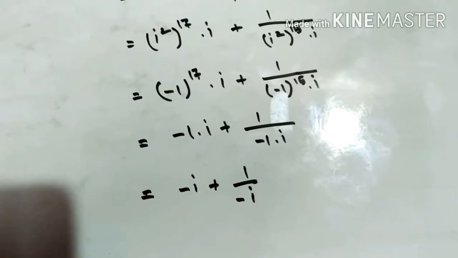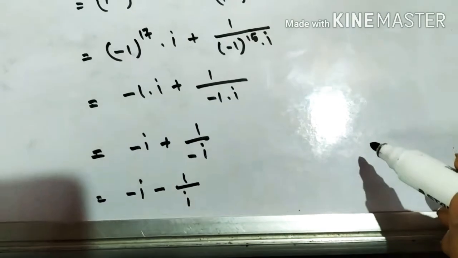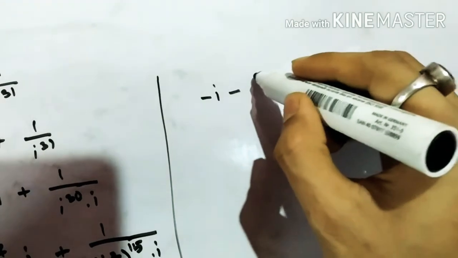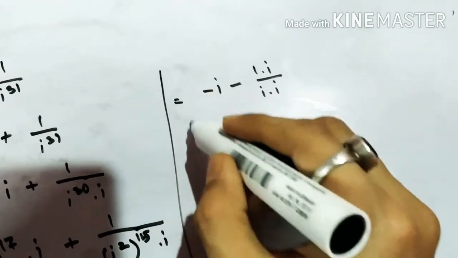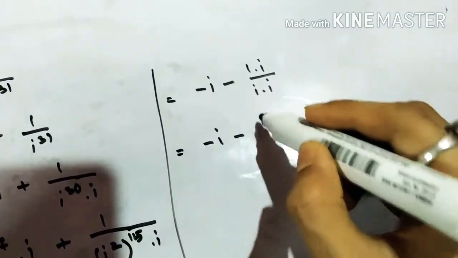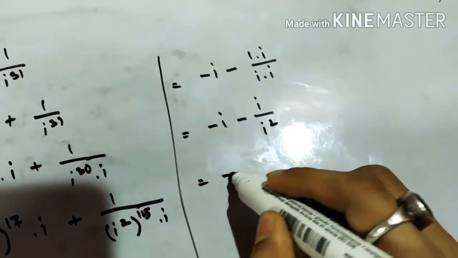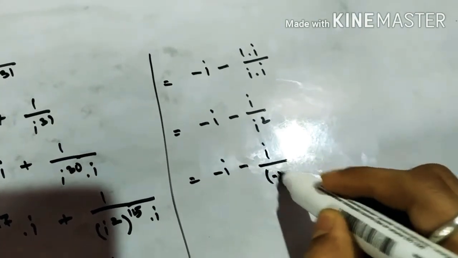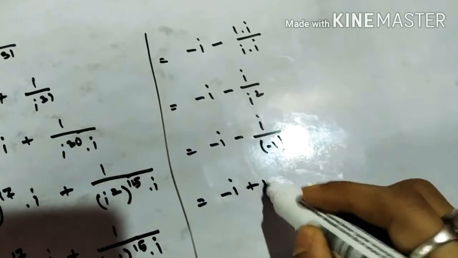Now I can write it in the form minus i minus 1 by i. Both numerator and denominator I will multiply by i. So I will get minus i minus i by i square, which is minus i minus i by minus 1. Ultimately I will get minus i plus i, which is equal to 0.